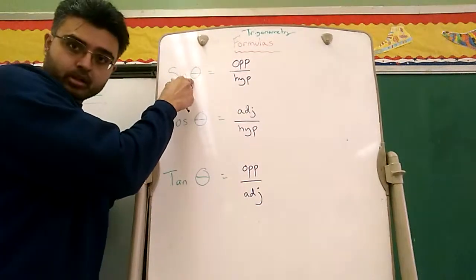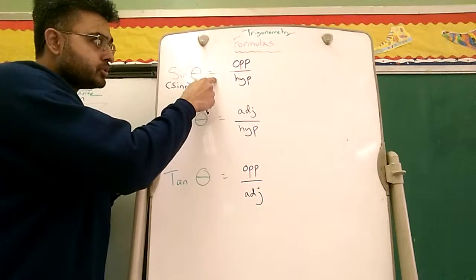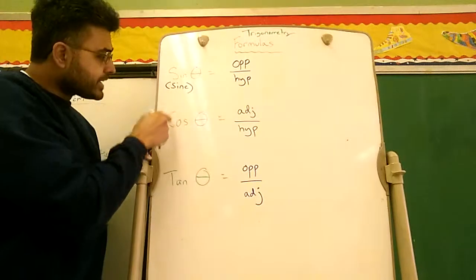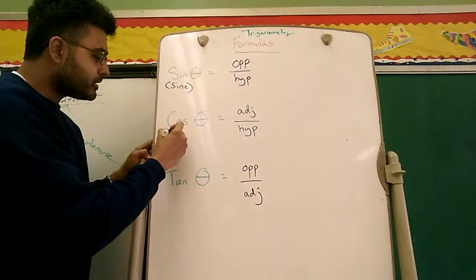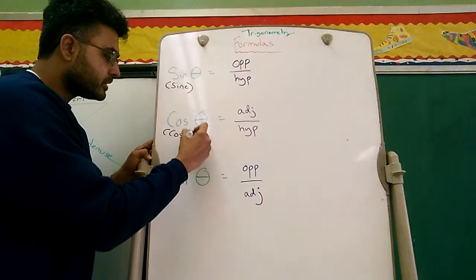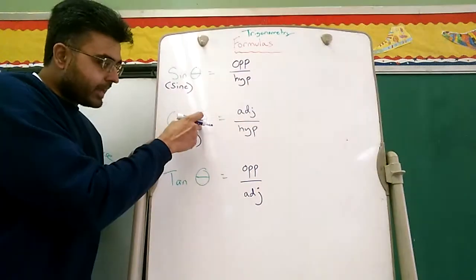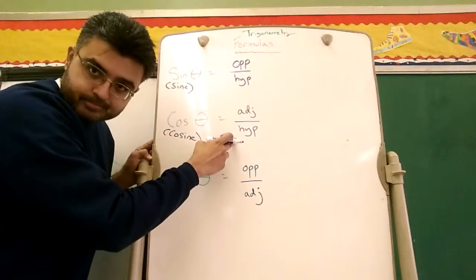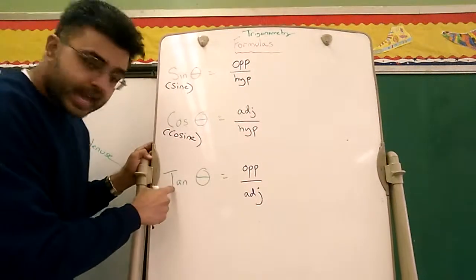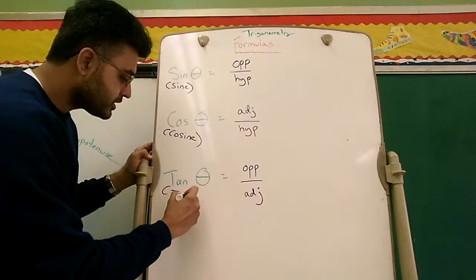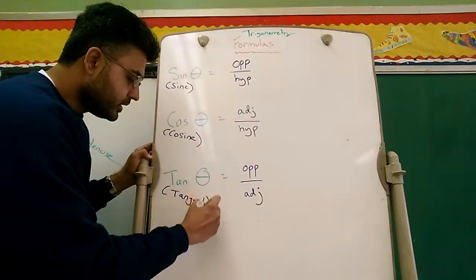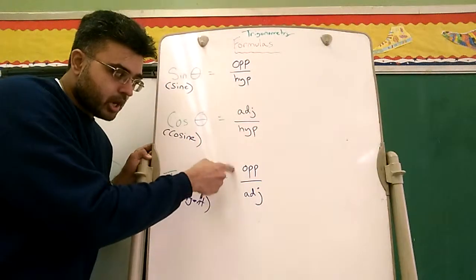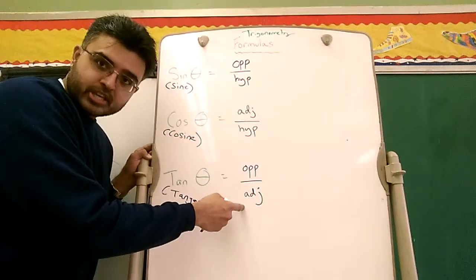Sine of an angle is equal to the opposite side divided by hypotenuse. The next formula is COS, which is pronounced cosine. The cosine of an angle is equal to the adjacent divided by hypotenuse. And finally, tan. Tan means tangent. The tangent of some angle is equal to the opposite side divided by the adjacent side.